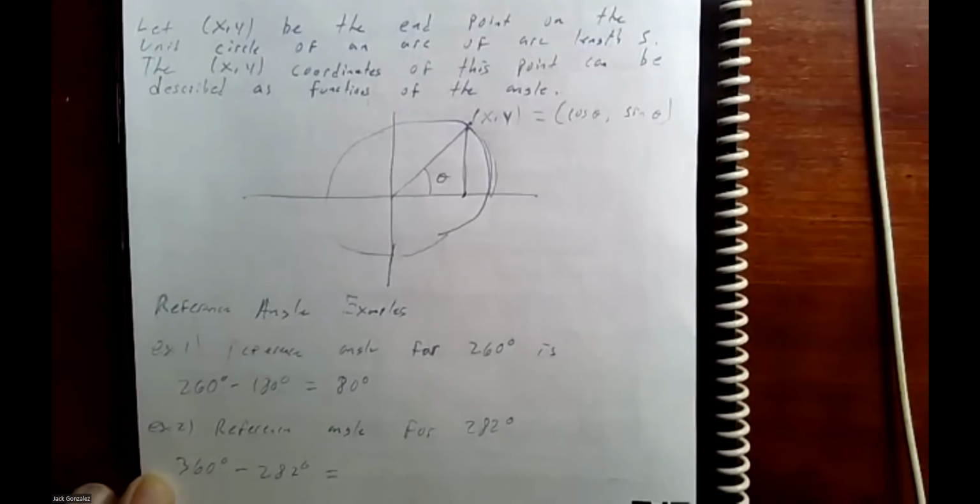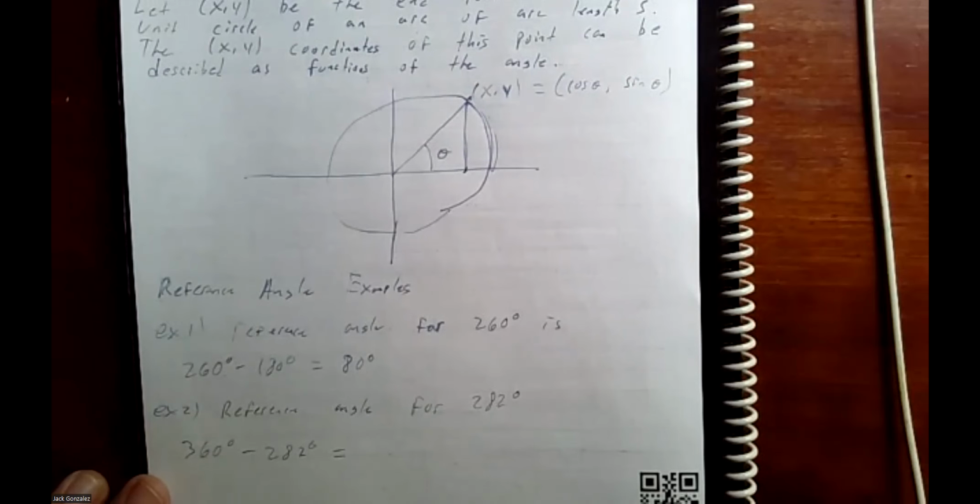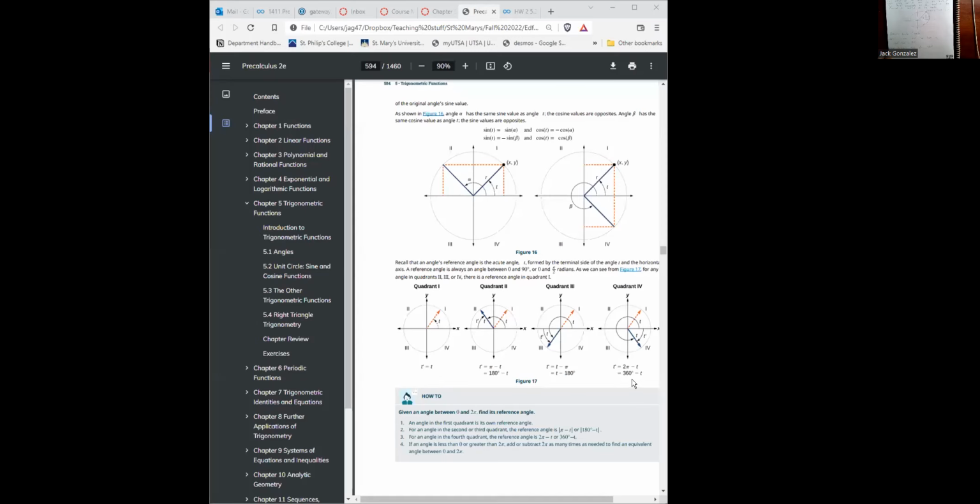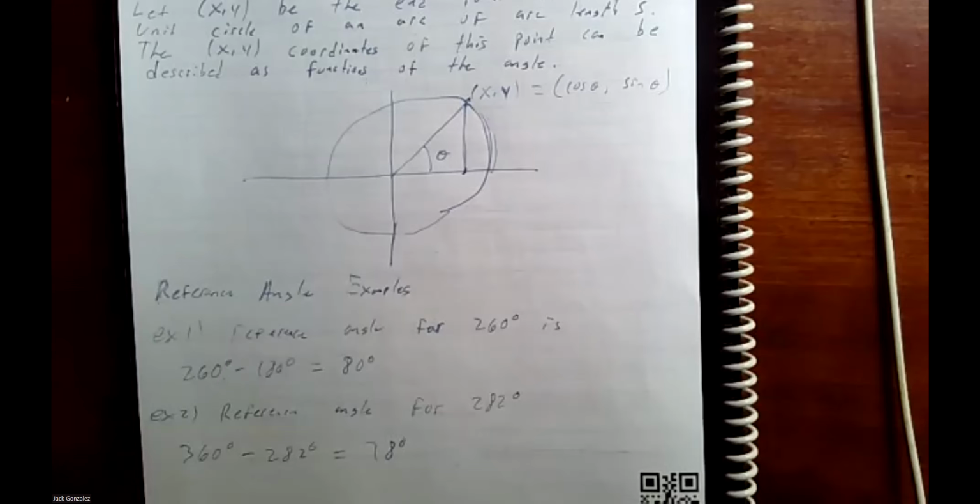That's the rule for being in quadrant 4, right? Right here. Minus 282. That would be 78 degrees. So this is my reference angle. And so just follow those rules. So if they ask for reference, you don't have to memorize that. It's just a procedure.